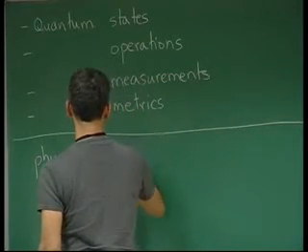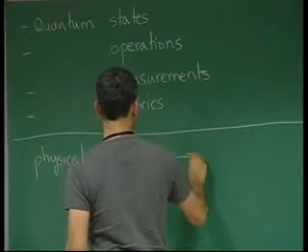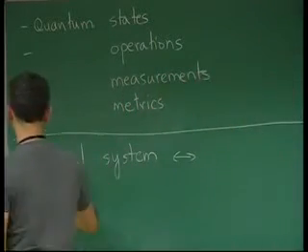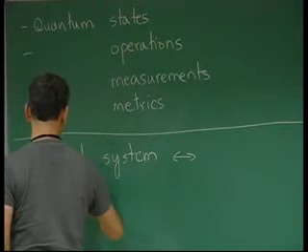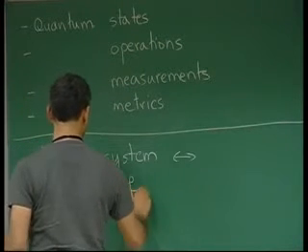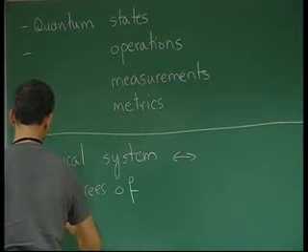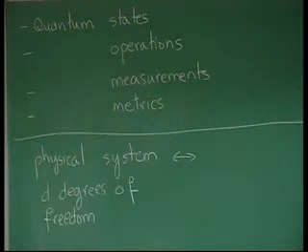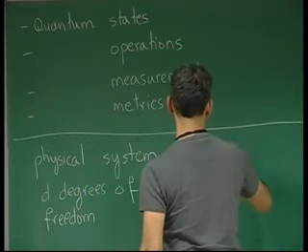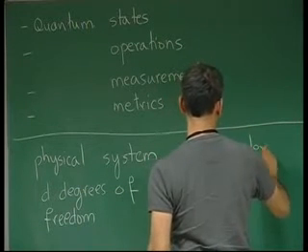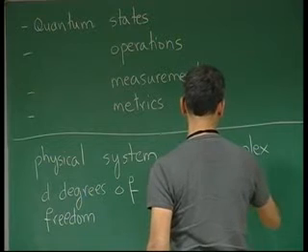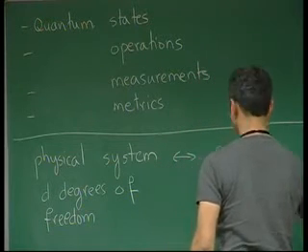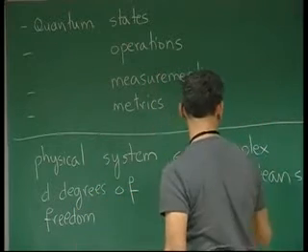So we have this correspondence between a physical system with, let's say, d degrees of freedom, which mathematically will be described by a complex Euclidean space of dimension exactly d.